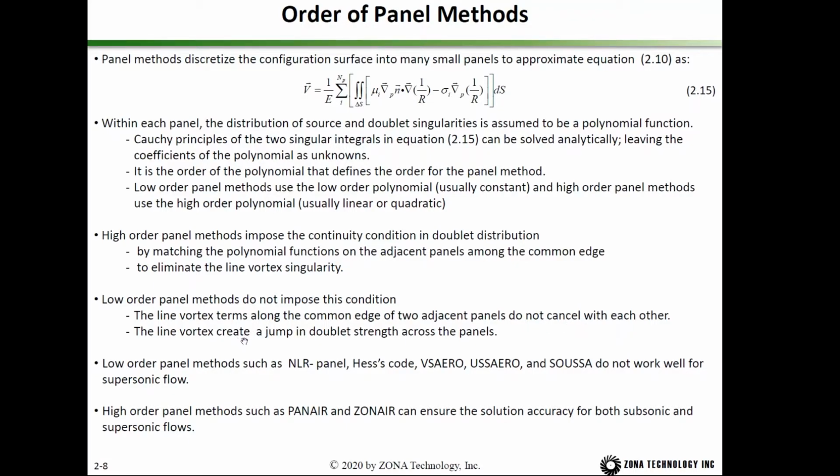The line vortex creates a jump in doublet strength across the panel. The lower order panels such as NAR panel, Hayes curve, VSAERO, USAERO, and SOSA do not work well for supersonic flow. And higher order panel methods like PAN AIR and ZONAIR can ensure the solution accuracy for both subsonic and supersonic flows.